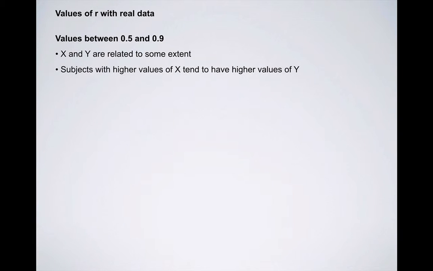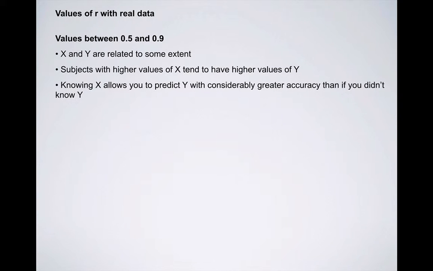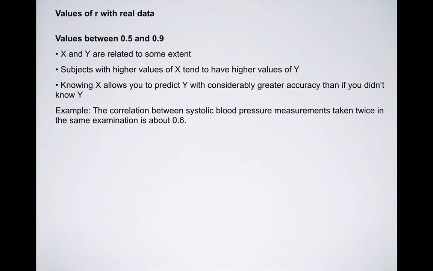Now values between 0.5 and 0.9. So x and y are related to some extent. Again, subjects with higher x tend to have higher values of y. And so knowing x allows you to predict with considerably greater accuracy than if you didn't know x.